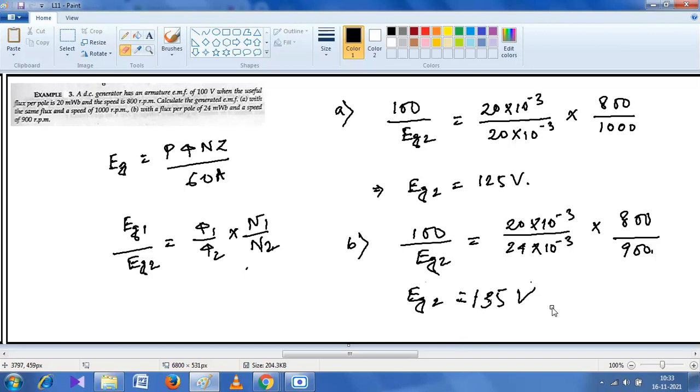The value is 135. So I hope everyone will understand this.